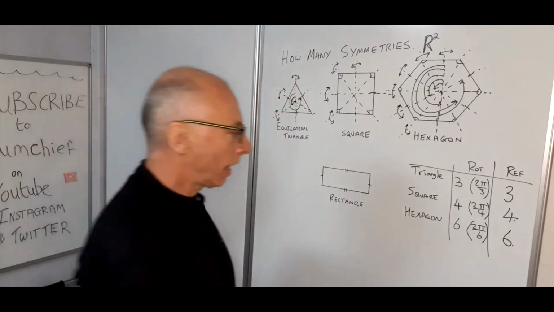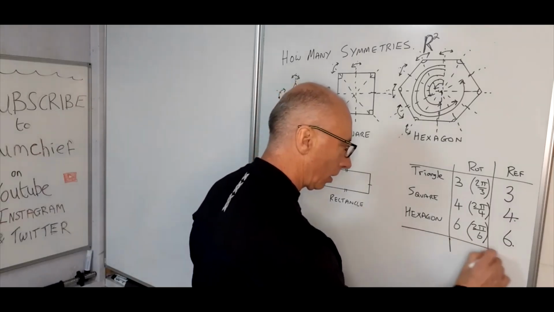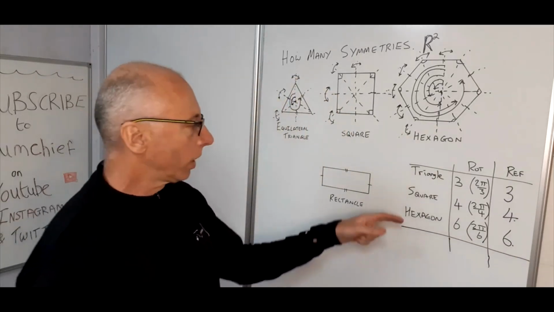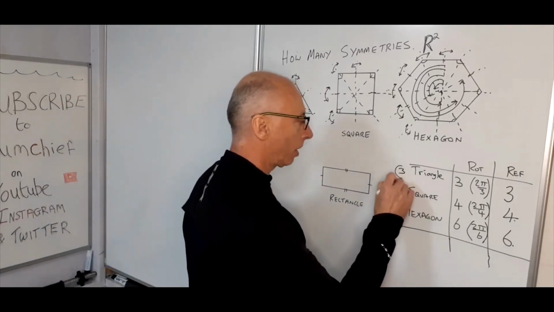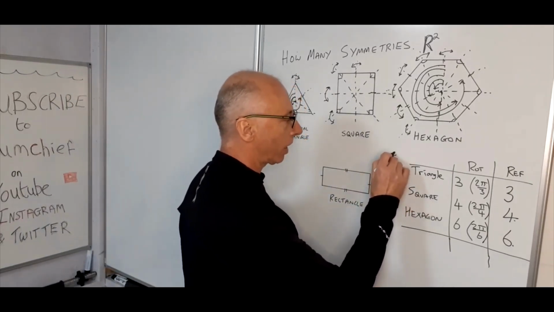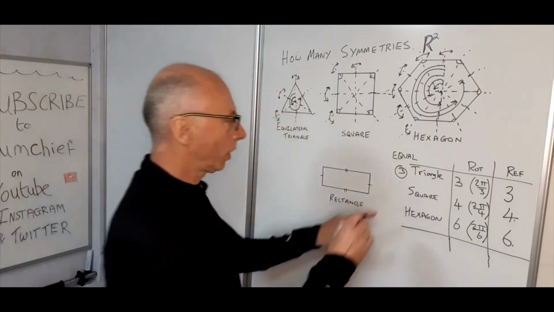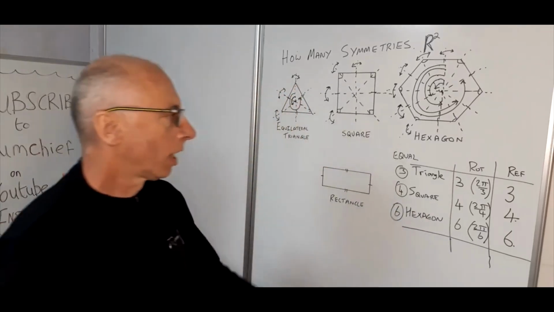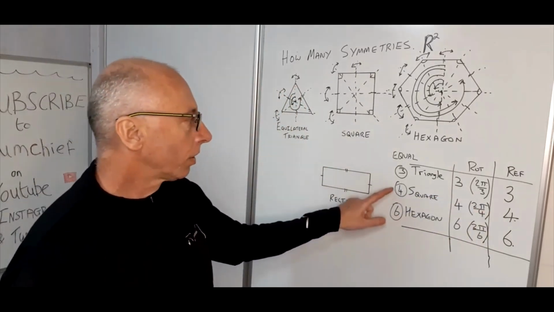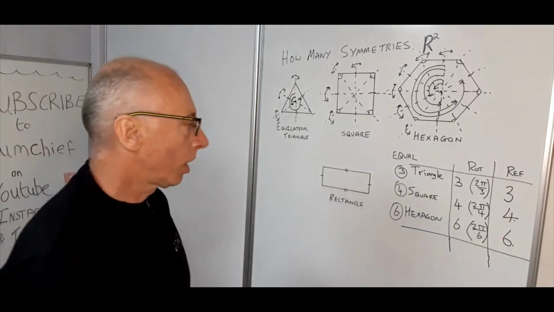So you can see here now, the pattern is, if we call these sides, so this is triangle, that's got 3 sides, and bearing in mind these are equal sides, square's got 4 equal sides, hexagon 6 equal sides. The rotations and the reflections is the same amount as the number of sides.